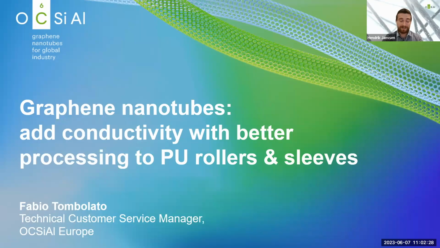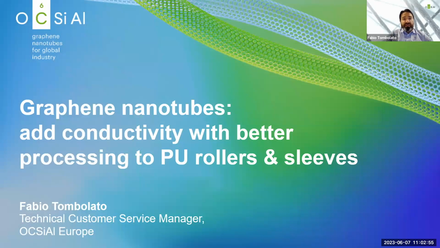He worked on adhesives, on emulsion polymerization, but also on the development of new composite technologies for printing applications. And today he will present to us how you can use graphene nanotubes inside of your formulation to get electrical properties and so enhance the processing of the polyurethane rollers and sleeves. So Fabio, stage is yours.